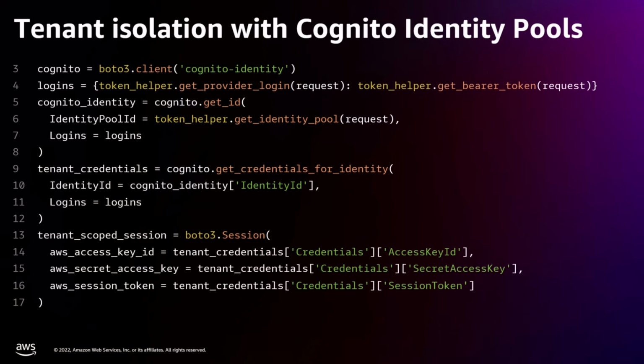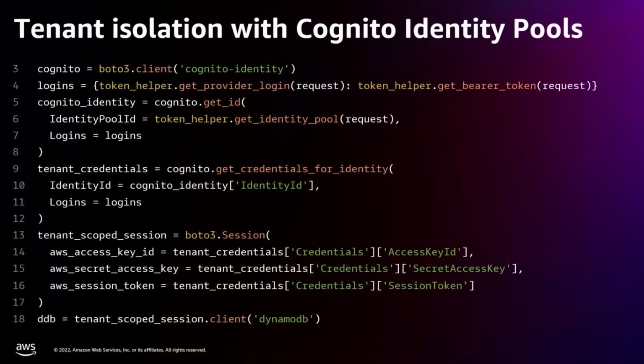Now, every SDK does this a little bit differently, but all the SDKs have the ability to override the default credential provider chain at runtime. So in Python, we create what's called a Boto3 session with these runtime credentials instead of whatever the default credentials are that it's running on in your compute.